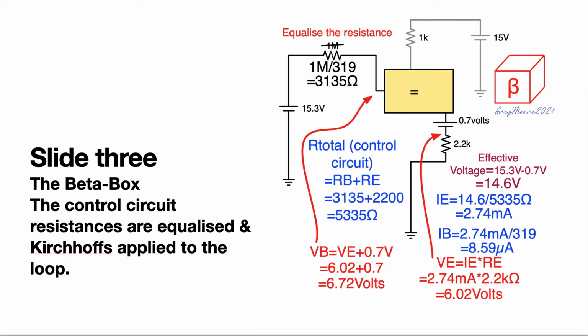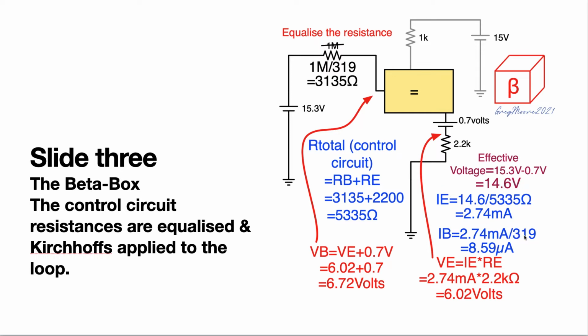So dividing the base resistance by the beta of the transistor gives me 3135 ohms, and then, being a complete loop and working with the loop, I have to add this resistance to this resistance to get 5335 ohms. Then I can use the effective voltage, that is 15.3 minus 0.7, in conjunction with that new beta box derived value to give 2.74 milliamps, which is the emitter current.